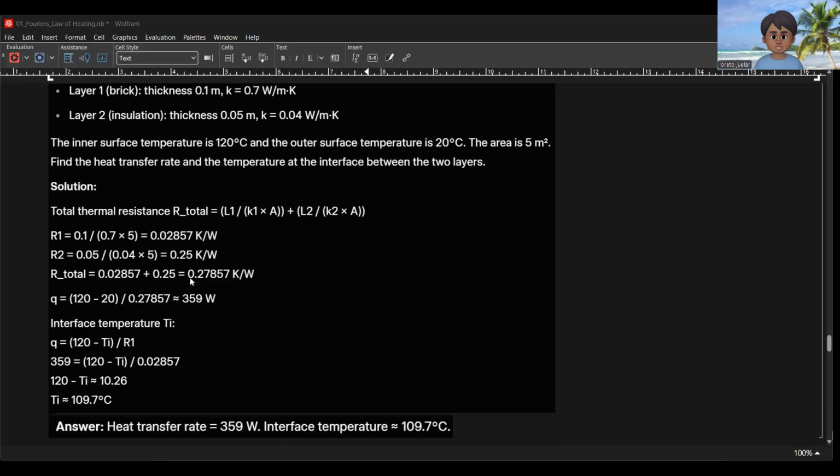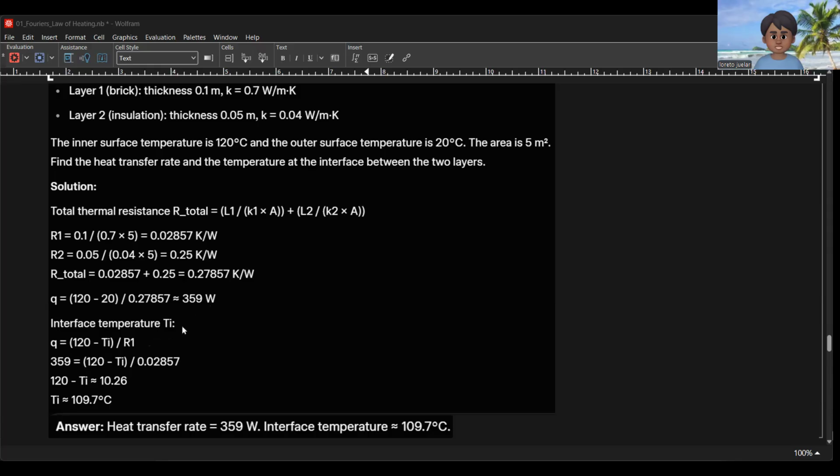The total resistance here is the sum of the two, 0.25857 Kelvin per watt. So our small letter q here is the heat transfer, 359 watts. This is the heat transfer rate.